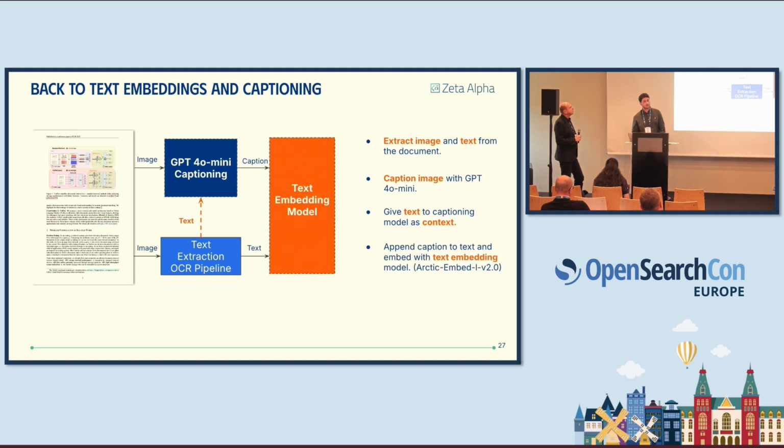We get the caption and the text, append them together, and feed it to our text embedding model. In this case, we use Arctic Embed Large V2, which is quite a good text embedder. And we use the same approach as the bi-encoder for the indexing. So right now, we converted this image into a caption along with text context, and now have text embeddings.